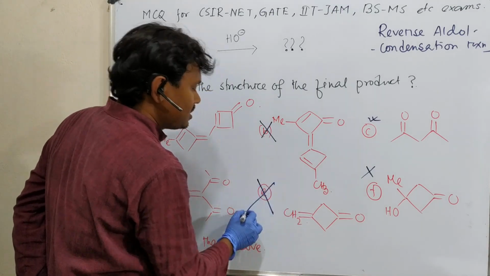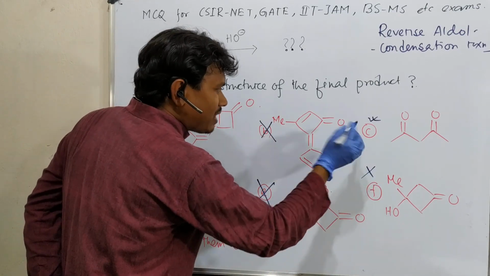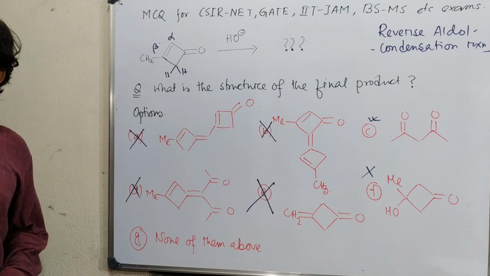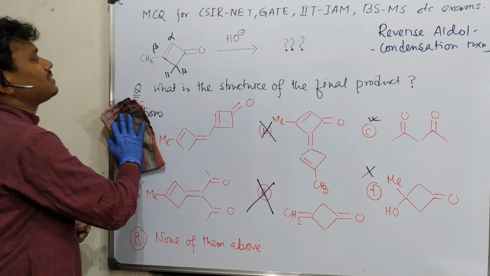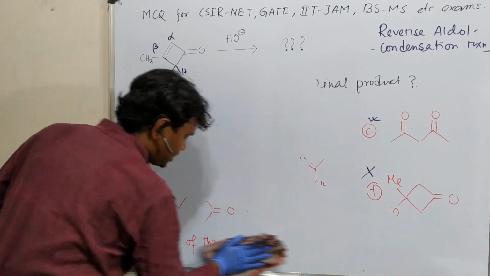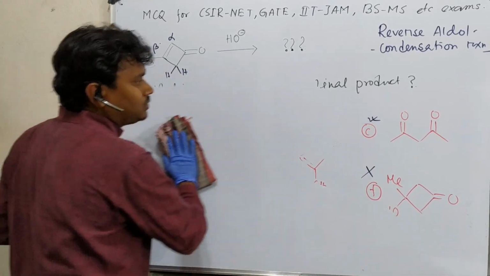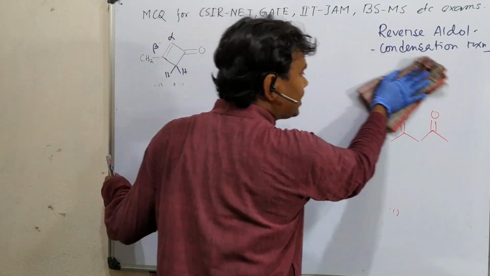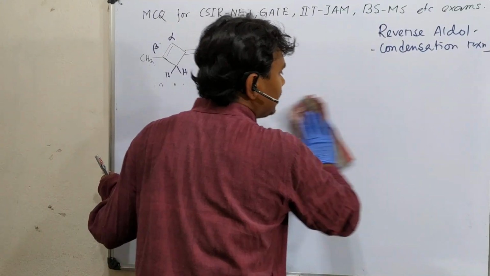So this is also not the product. And when there is a chance of a very stable product formation, why would the reaction unnecessarily follow some unstable products? This is the overall justification why the other things will not happen, but this 1,3 dicarbonyl compound will be the product.